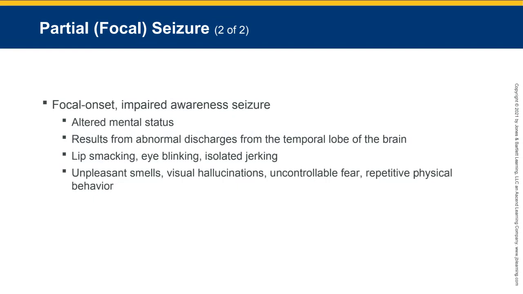The patient having a focal onset impaired awareness seizure has an altered mental status. They have no idea what's happening. It results from abnormal discharge from the temporal lobe of the brain. The patient will have lip smacking, eye blinking, isolated jerking, unpleasant smells, visual hallucination, uncontrollable fear, repetitive physical behavior. All of these things can occur.